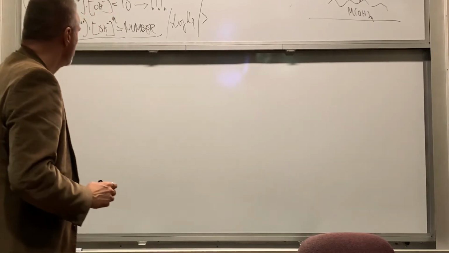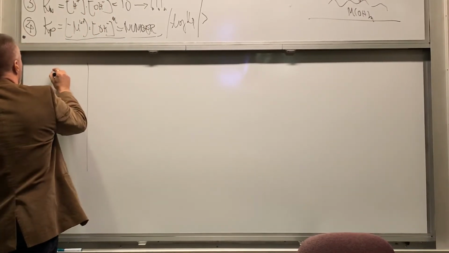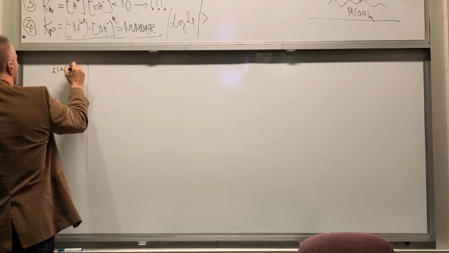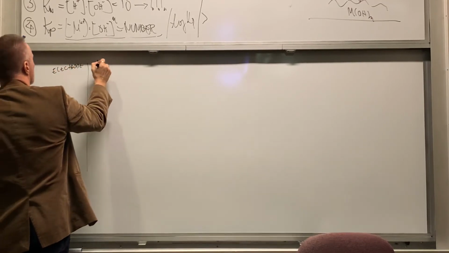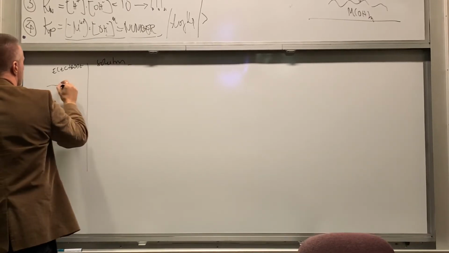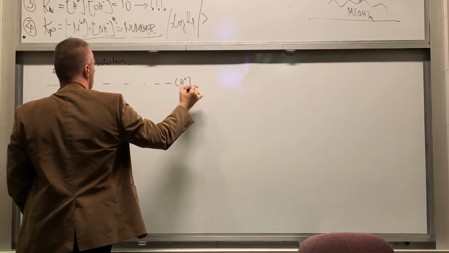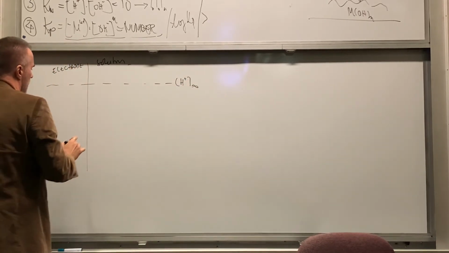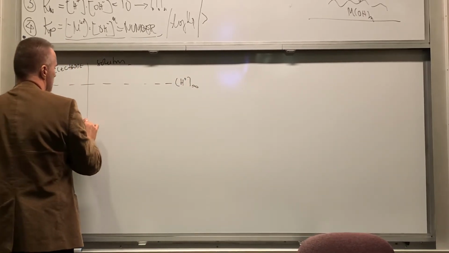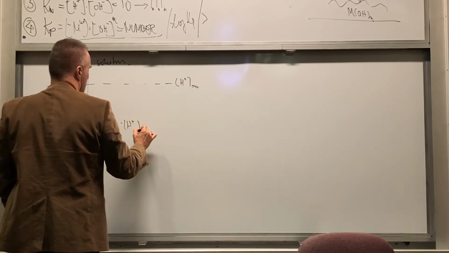All right, so let's start with our standard electrode, solution. And this is an interface. And so this is H plus bulk. And this is H plus at the interface.